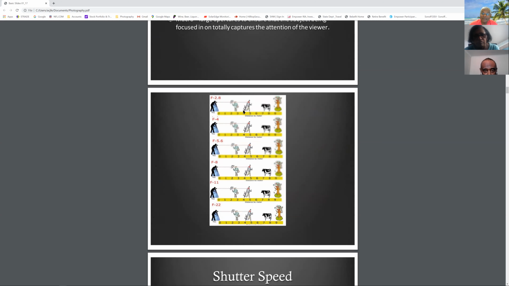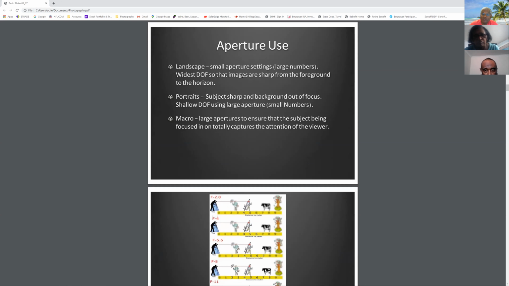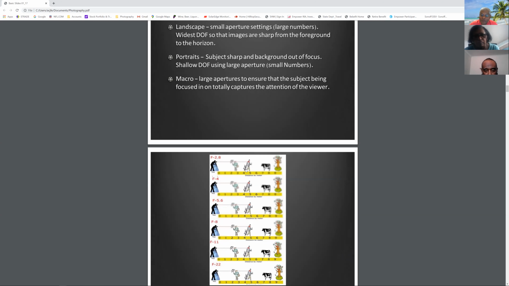Because here we talked about how the aperture you set determines the depth of field. Depth of field means the depth of the focus area. So in this case, 2.8 means the aperture is fully open, and fully open means a very shallow depth of field.